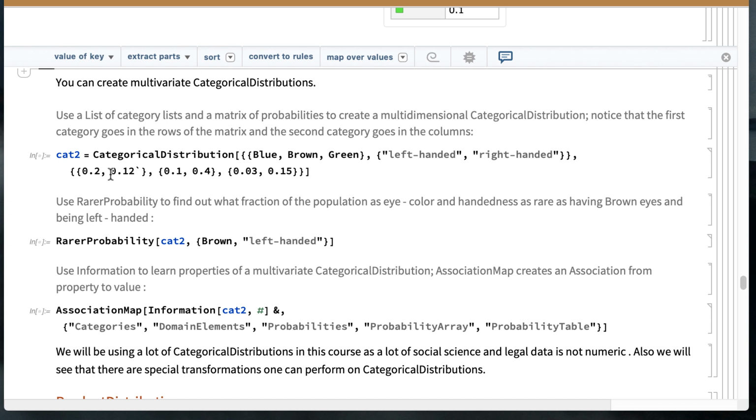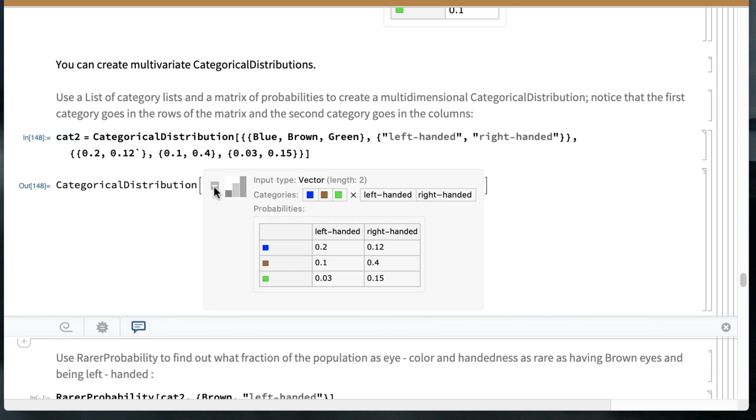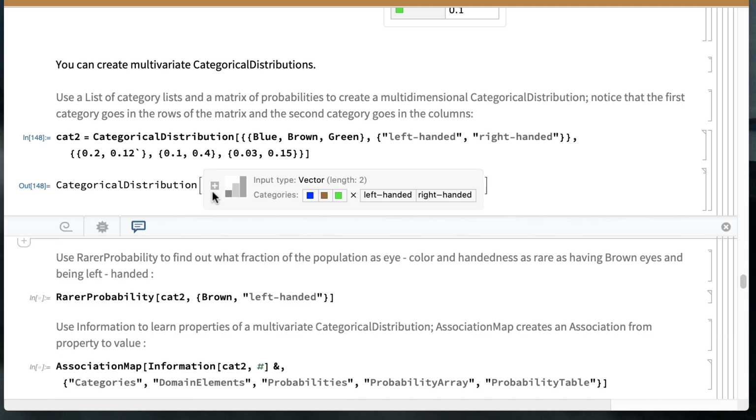This is the probability I'm going to be blue-eyed and right-handed. This is the probability I'm going to be brown-eyed and left-handed, etc. Okay? So we can have a multidimensional categorical distribution. You can see by pressing this plus button, I get certain information on the probabilities. I can ask it rarer probability questions.